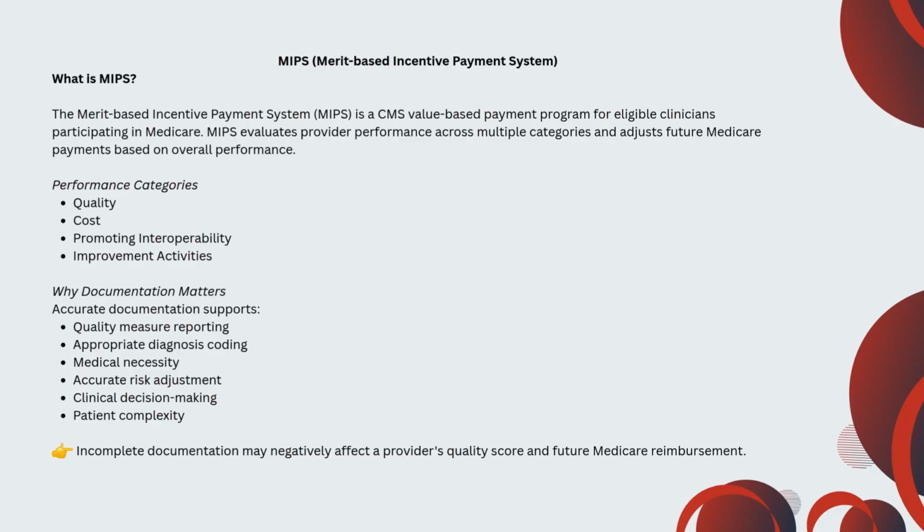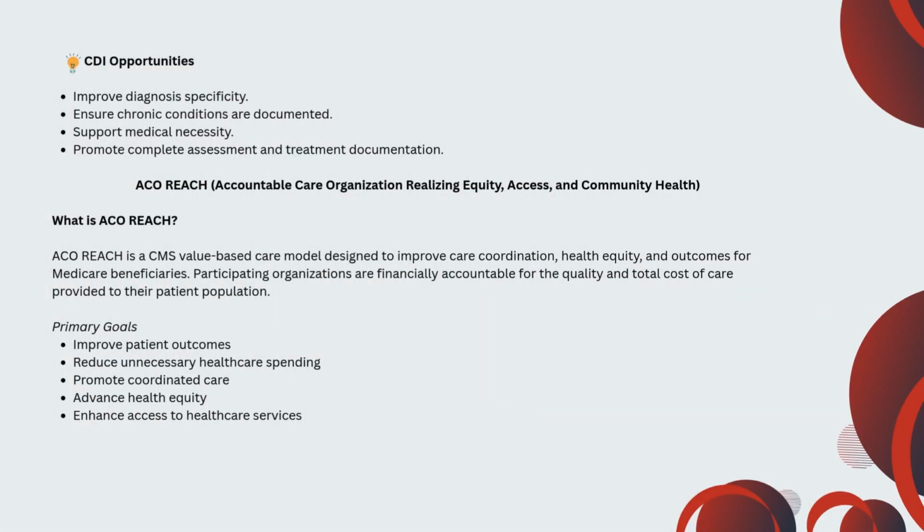Incomplete documentation may negatively affect a provider's quality score and future Medicare reimbursement. CDI opportunities: improve diagnosis specificity, ensure chronic conditions are documented, support medical necessity, promote complete assessment and treatment documentation.